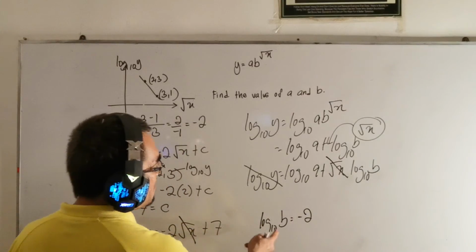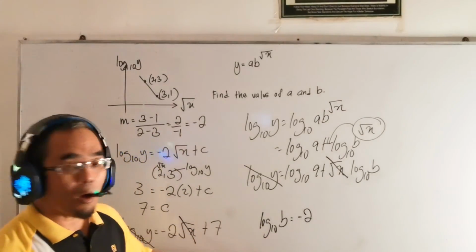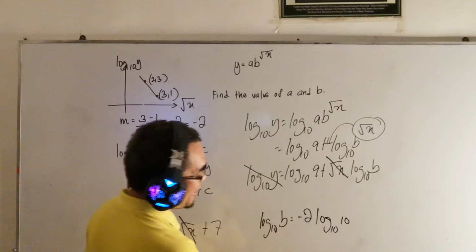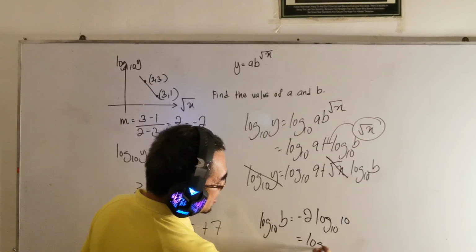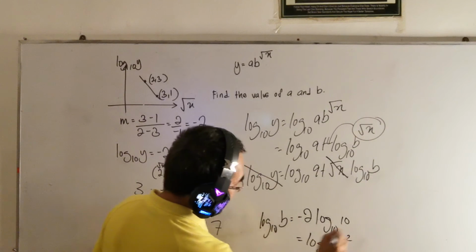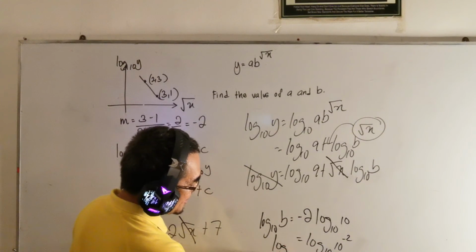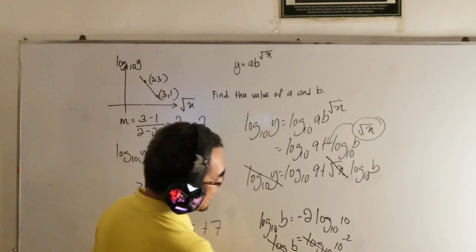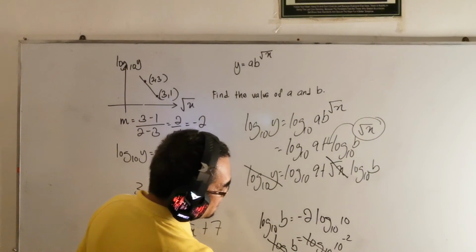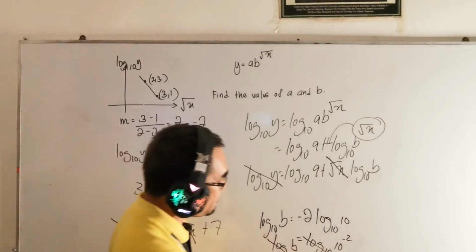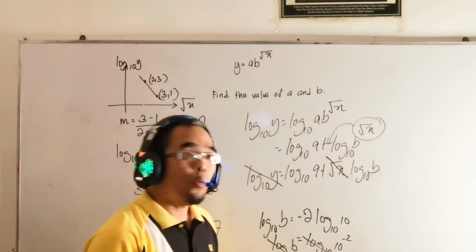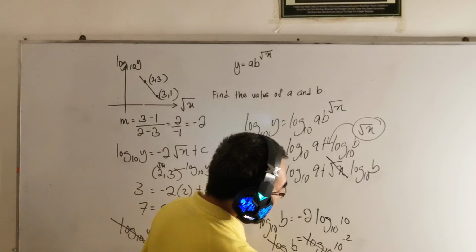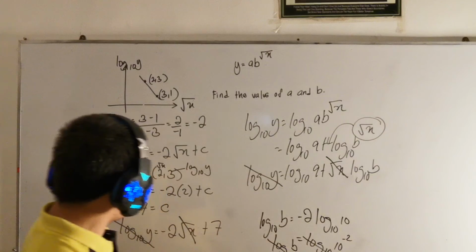I like to solve my equation by writing log 10 at the back here, and then log 10 to the power of negative 2, and this side we have log 10b, because I like to cut log 10 with log 10. So the value of b is 10 to the power of negative 2, which is 1/100 or 0.01. That is the value of b.